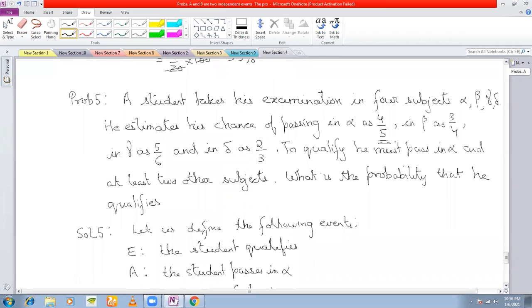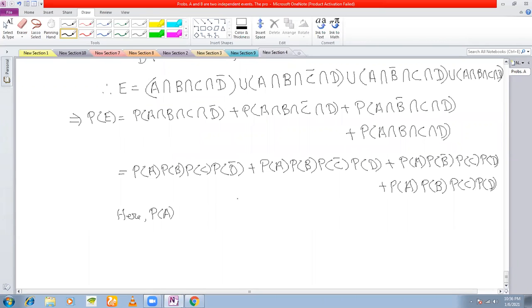PA is 4 by 5, PB is 3 by 4, PC is 5 by 6, PD is 2 by 3. Now you can put the values here.